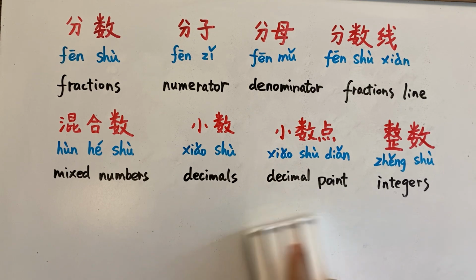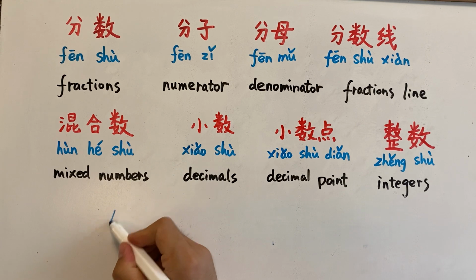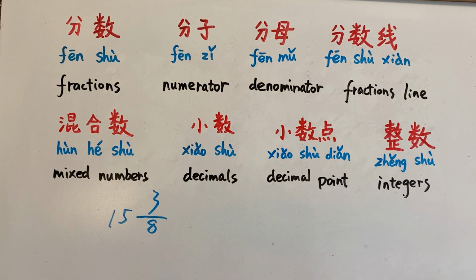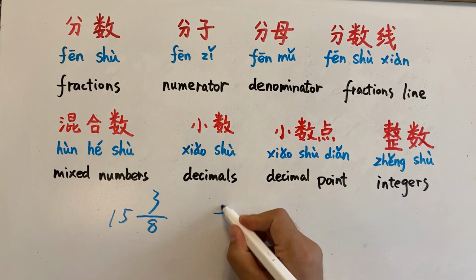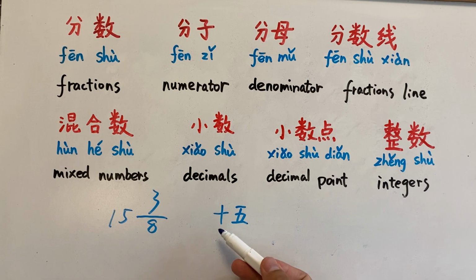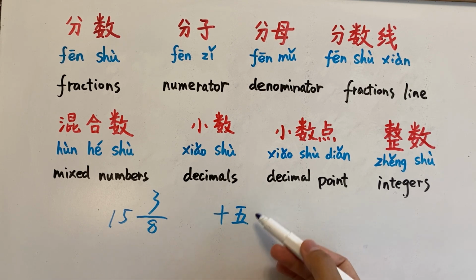That is how to say mixed numbers in Chinese. For another example, this one, the integer part is 15. This is the Chinese character of 15. 10 is 十, 5 is 五, 15.